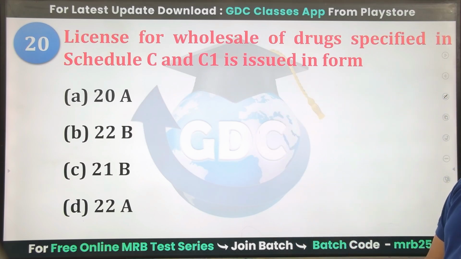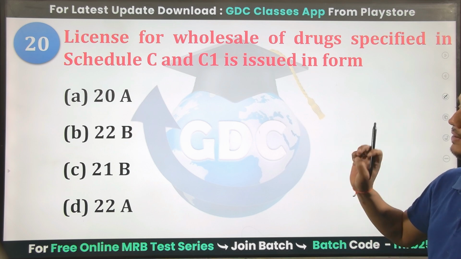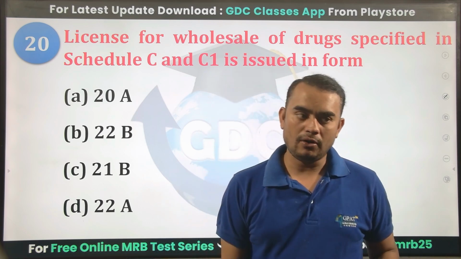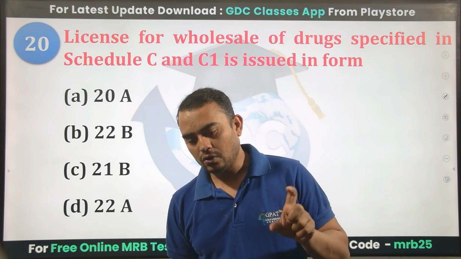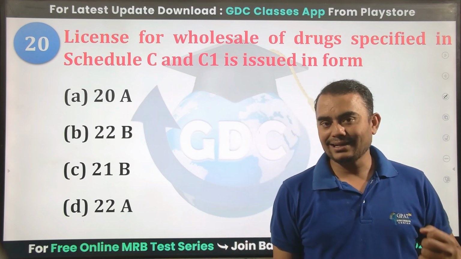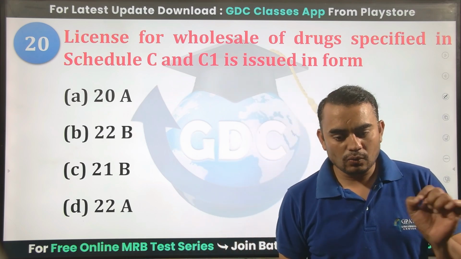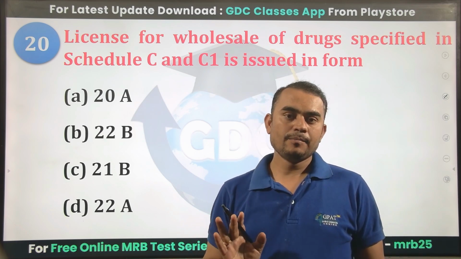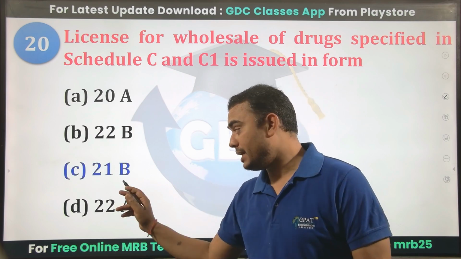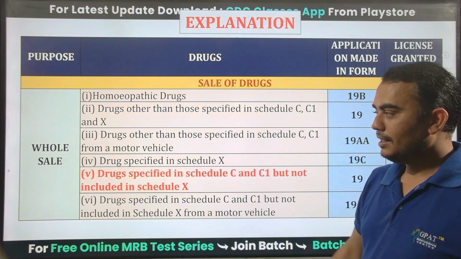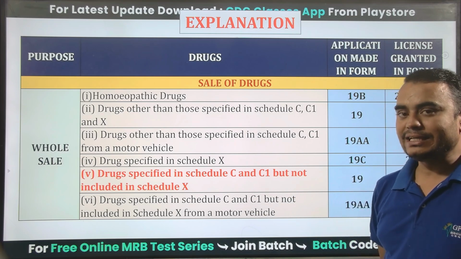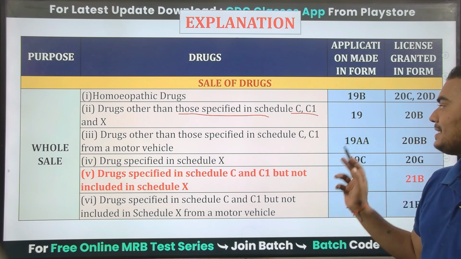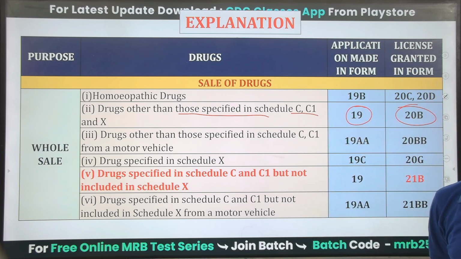License for wholesale of drugs specified in Schedule C and C1 is issued in... Now, this is most important. All the forms for the retail sale and for the wholesale: C1, X, other than C1 X. But here the question is the license for the wholesale C1, so that comes under 21B. How can you remember it? Here are all the wholesale forms. Firstly, other than those specified in C, C1, X: application 19, form 20B.